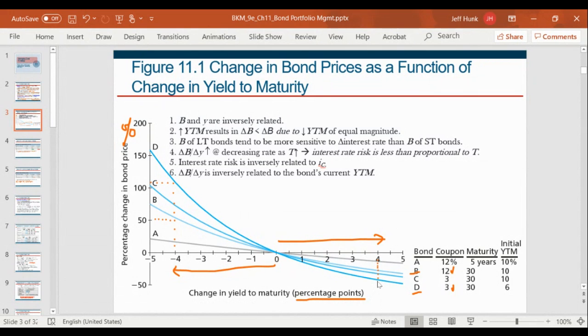For bond D, the drop in price is almost like 40%, right?